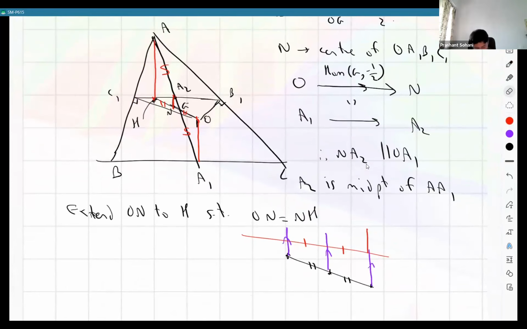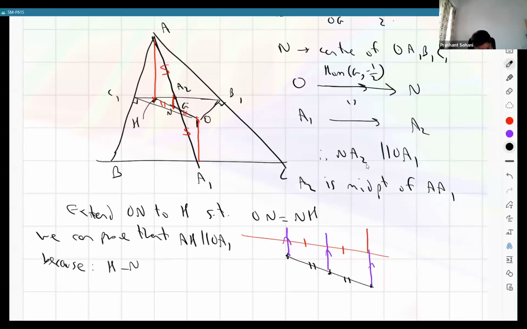We can prove that AH is parallel to OA1 because H and O are collinear with HN equal to NO. Then similarly A2, A1 are also collinear with A2 equal to A2, A1.